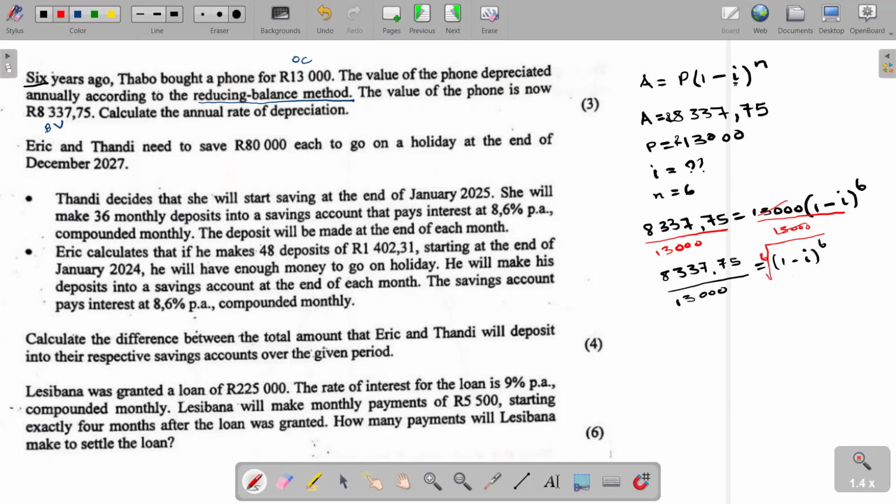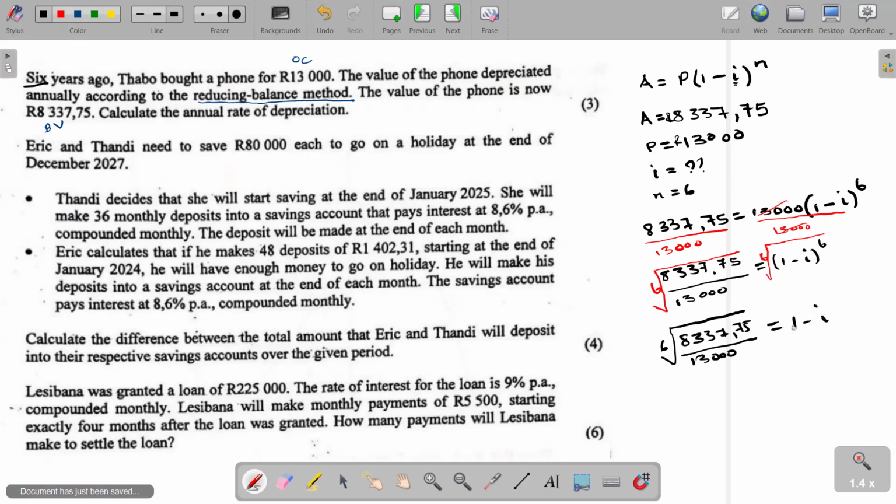From there you are left with the 6th root of 8337.75 over 13,000 being equated to 1 minus I.